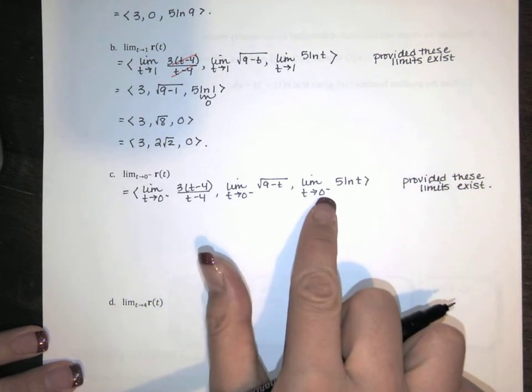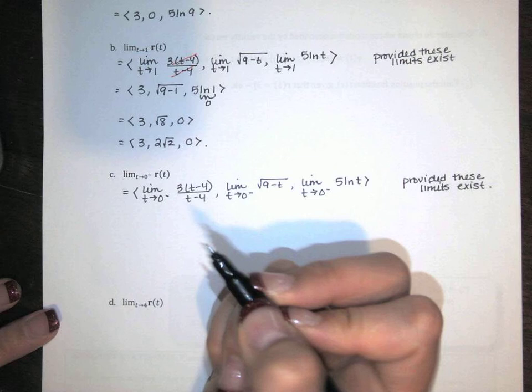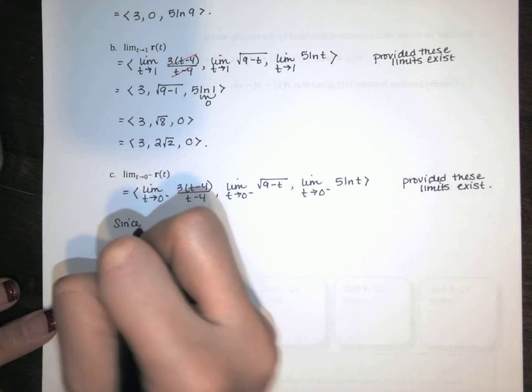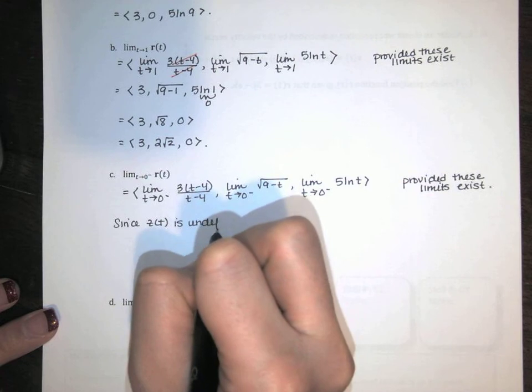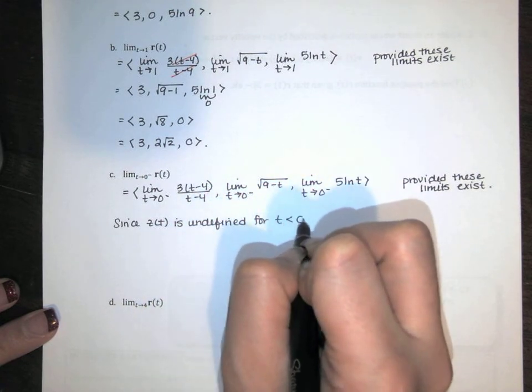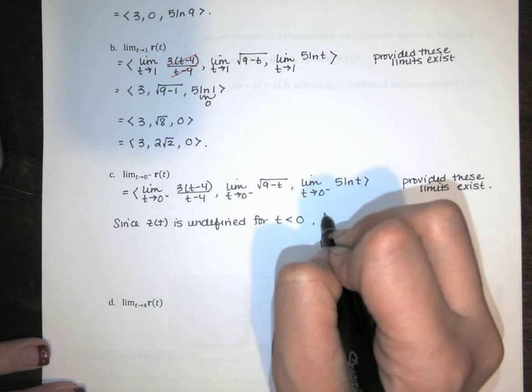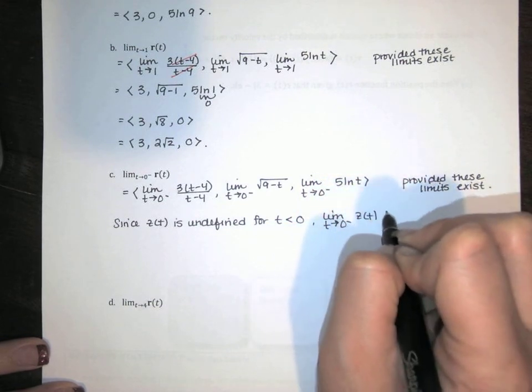And then we notice that component's limit does not exist. So we'll say, since z of t is undefined for negative t values, t less than 0, the limit as t approaches 0 from the left of z of t does not exist.